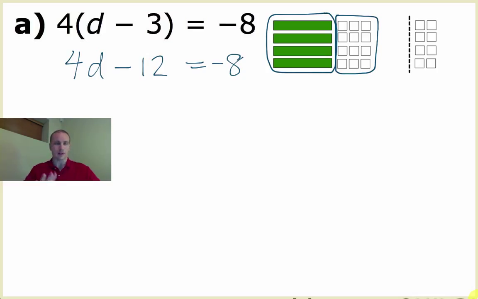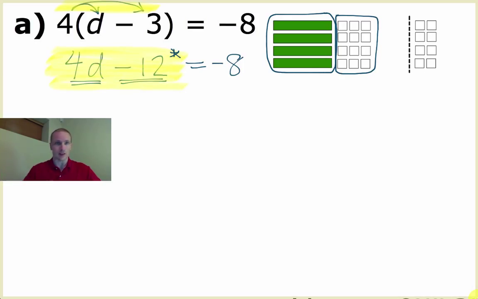So this process of rewriting the left-hand side of the equation in this way, basically multiplying the 4 times d to give you 4d, and multiplying the 4 times negative 3 to give you negative 12, some people call this expanding the brackets because it's effectively removing the brackets from the equation.